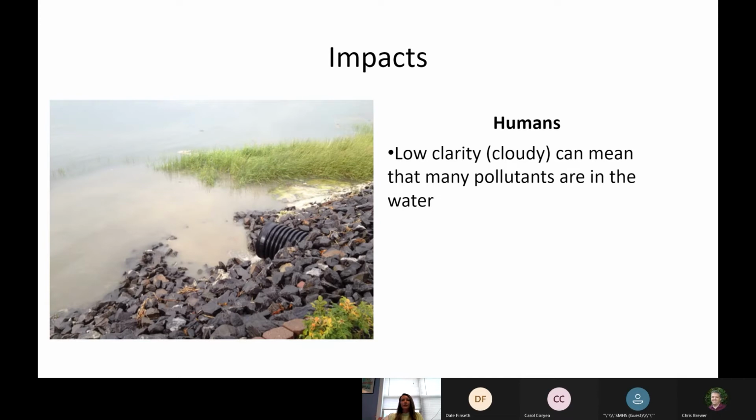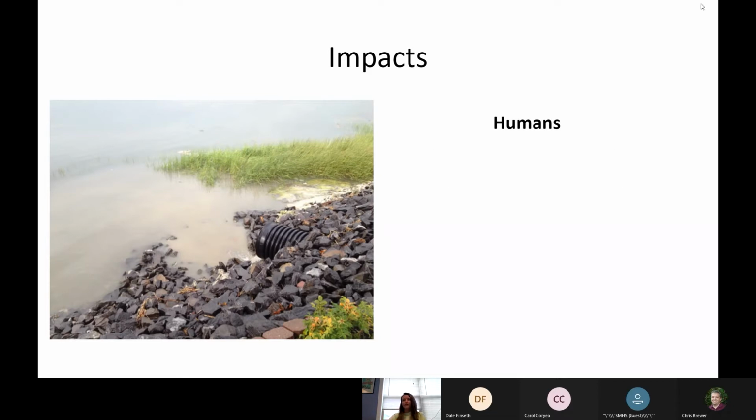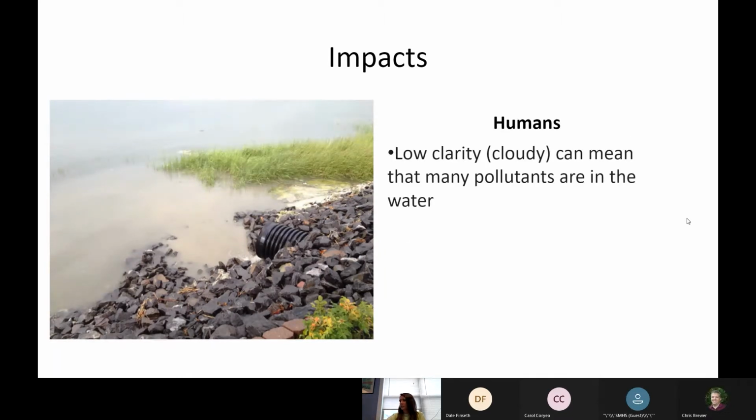And if it's cloudy, that's a sign that there's either a lot of movement happening in that water, or it's coming out of something like this storm drain, where it's bringing in rainwater that has picked up a lot of pollution. And once again, it's a really expensive process to remove sediment or other pollutants that might be floating in the water that are impacting the clarity.